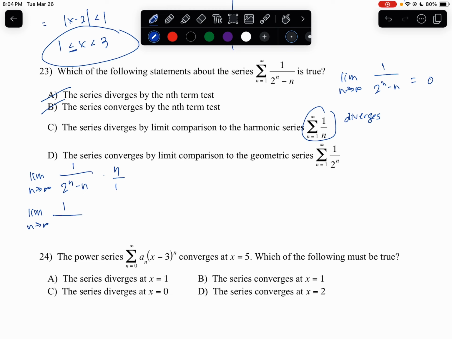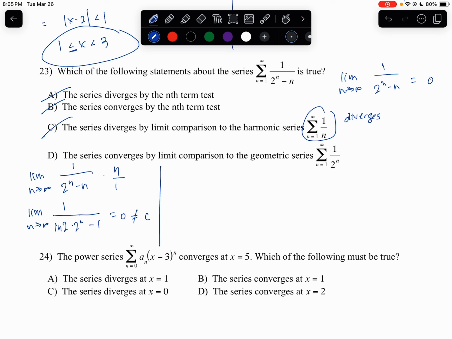If we take the derivative of the bottom, the derivative of 2^n is the natural log of 2 times 2^n, and then we'd have minus 1, right? Well, that's going to be equal to 0, which does not equal a constant. So the limit comparison test didn't show us anything then.